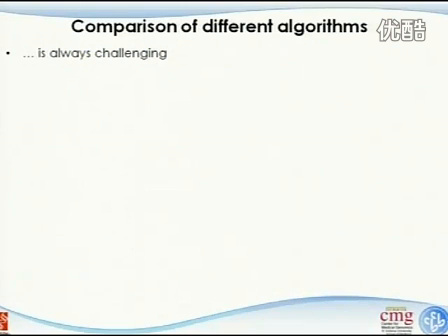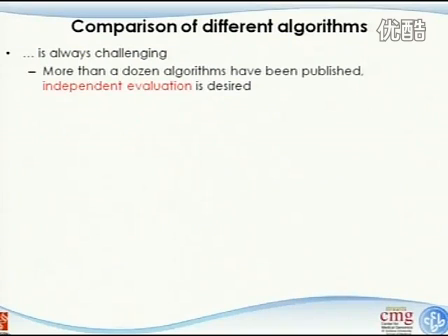Comparison of different algorithms is pretty difficult, because so far more than a dozen algorithms have been published, and independent evaluation is desired. We cannot just publish an algorithm and say we are doing so much better than X and Z. Those are sometimes not really independent evaluations. They are not really fair.